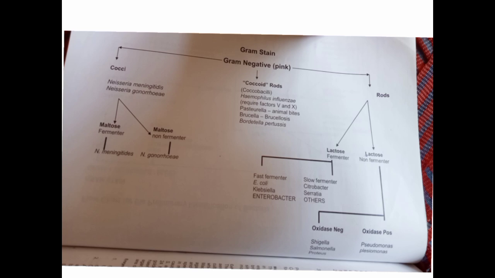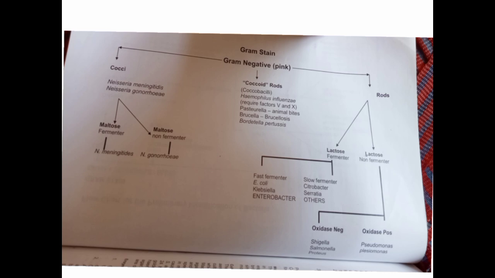Gram-negative bacteria. Gram-negative bacteria are also further divided into two: gram-negative cocci and gram-negative rods. When we perform gram staining of these bacteria, they will appear pink or red in color.